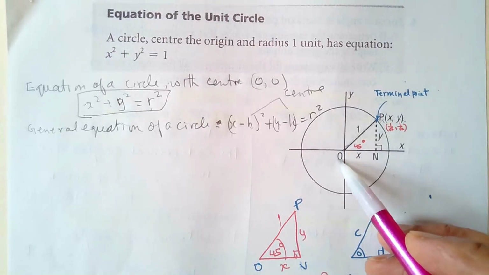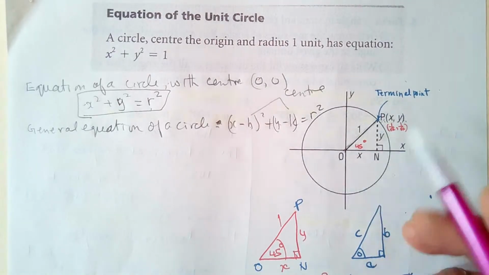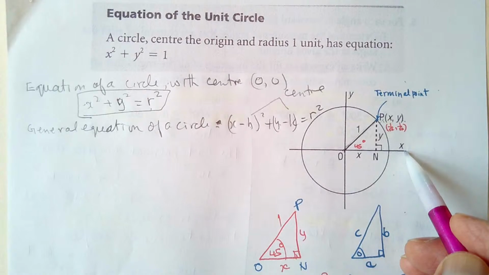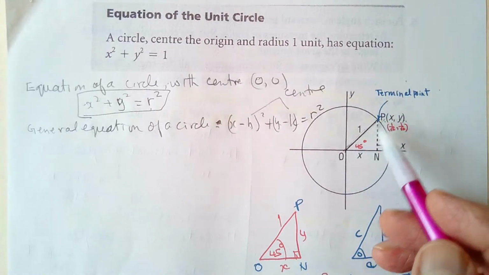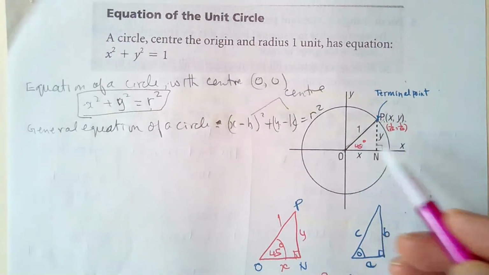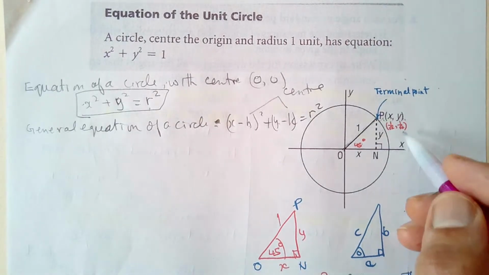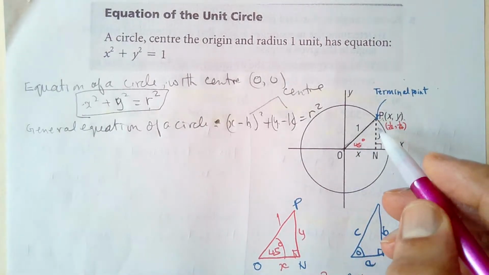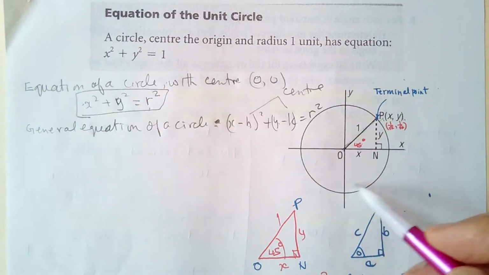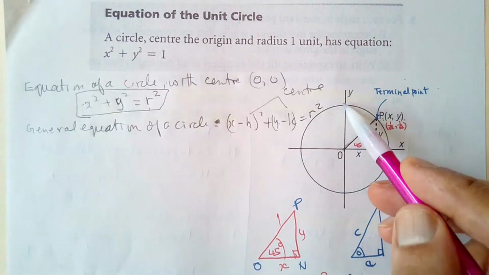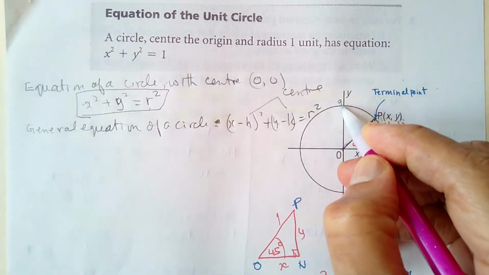Here's the origin, which we label as O, and this is your x-axis. Now, if you label this at 45 degrees, which is 1/8 of the circle, because a circle is 360 degrees, this is 90 degrees here.